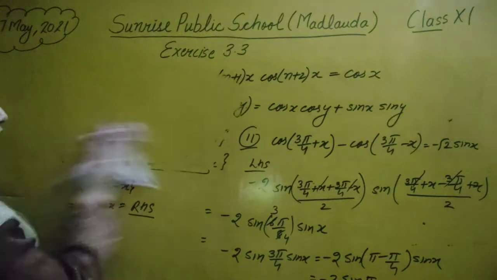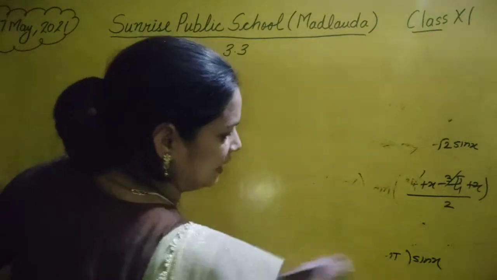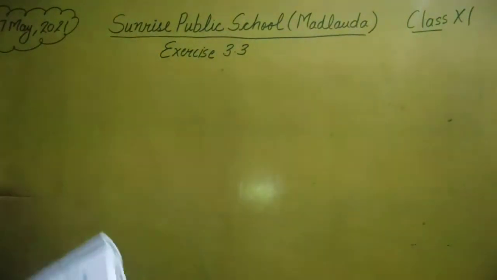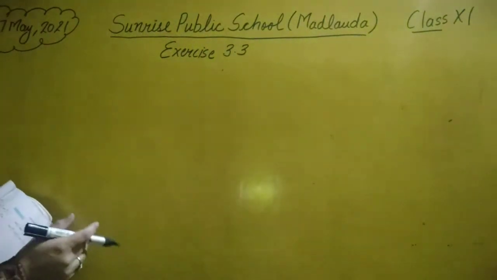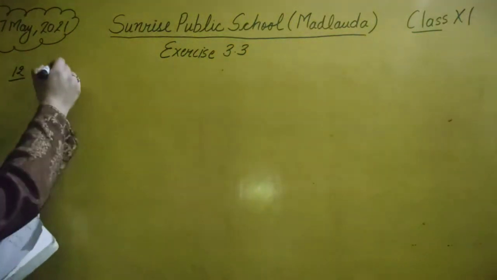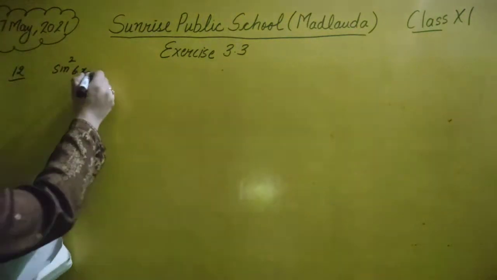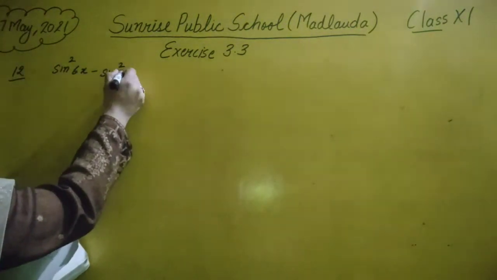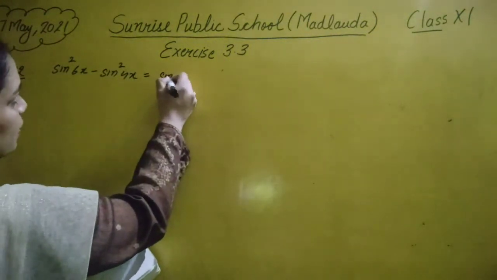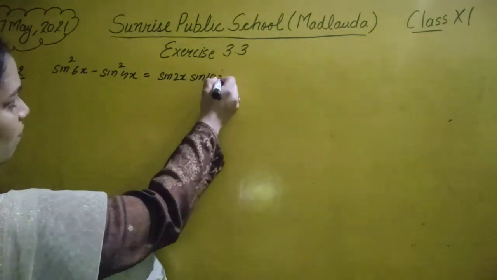After that we will start question number 11, sorry, this was question number 11. Next is question number 12, and in question number 12 we have sin square 6x minus sin square 4x is equal to sin 2x and sin 10x.